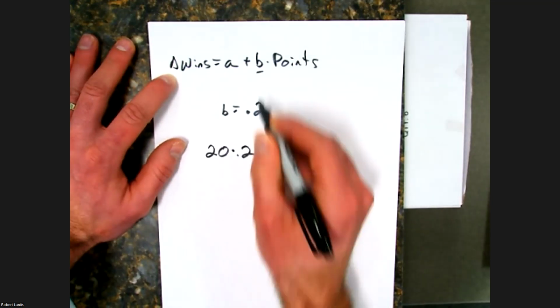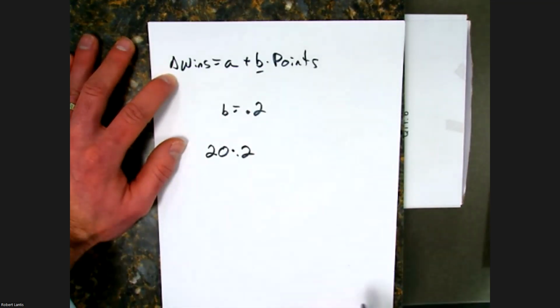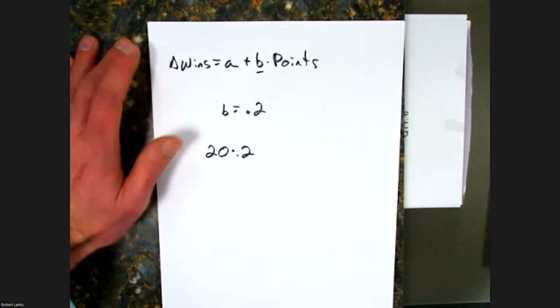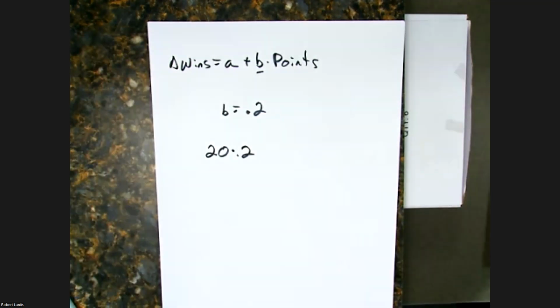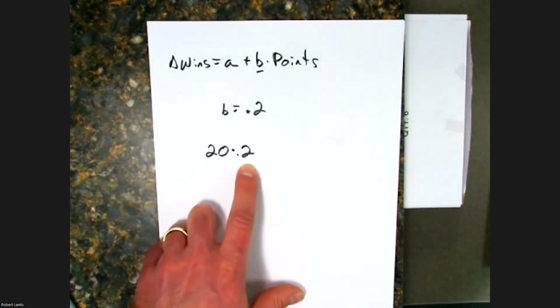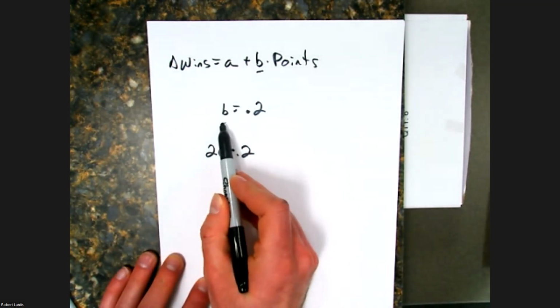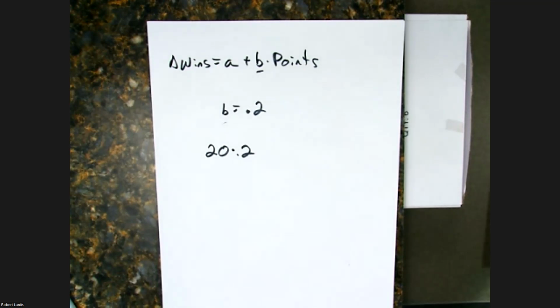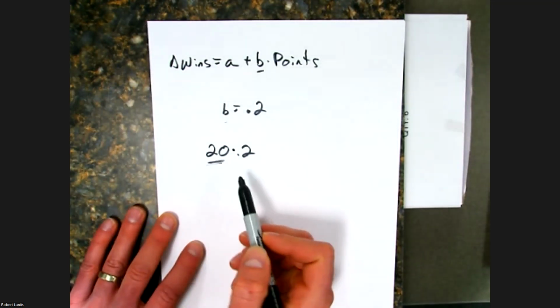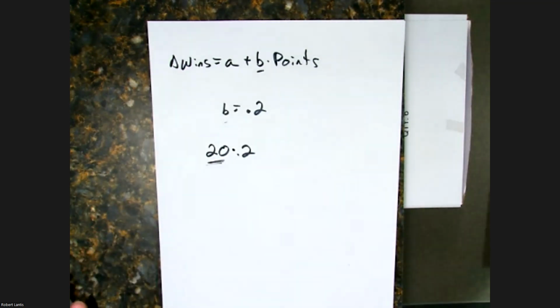Well, 20 times whatever that coefficient is. If on average each additional point per game by a player is worth 0.2 wins to a team, and I get a player that has 20 points per game, he's going to bring in 20 times 0.2 additional wins to the team. So if I obtain these coefficients, I could go through every single player and predict, based on however many points they scored per game, how many additional wins they're going to add.